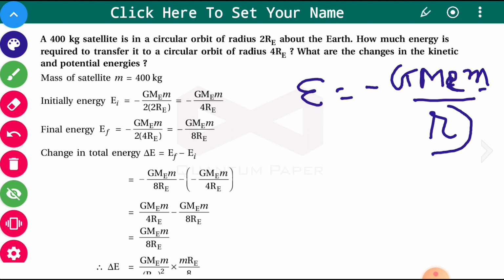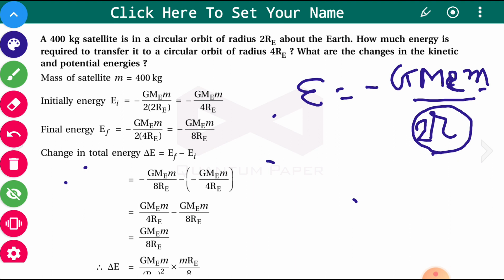Here R is the distance. Now initially the distance is 2RE. The equation number 8.42, which we have derived in the theory on page number 196, you can refer to this.